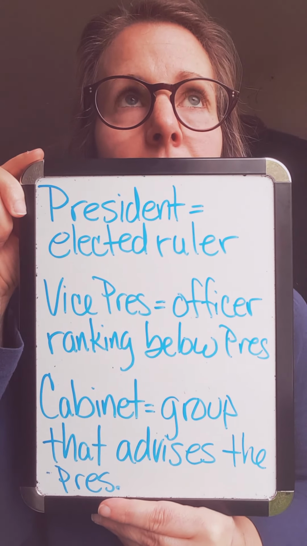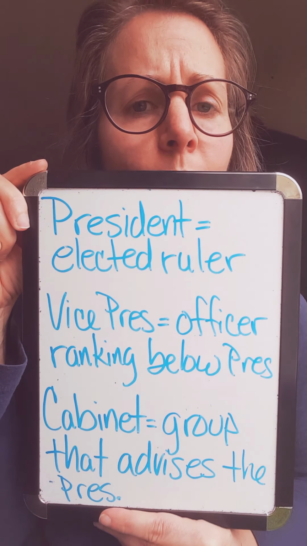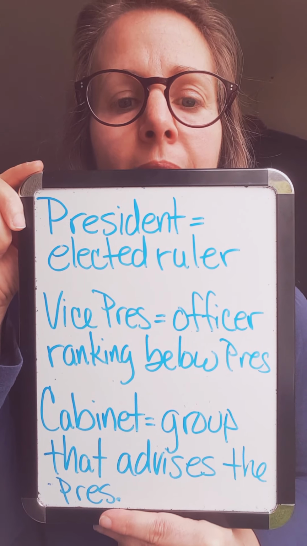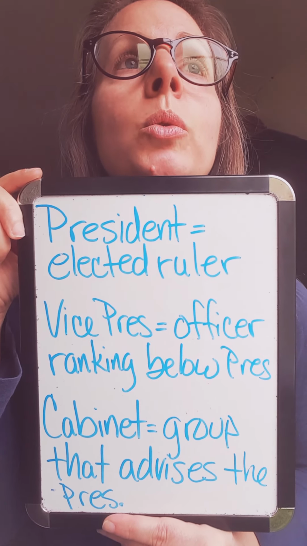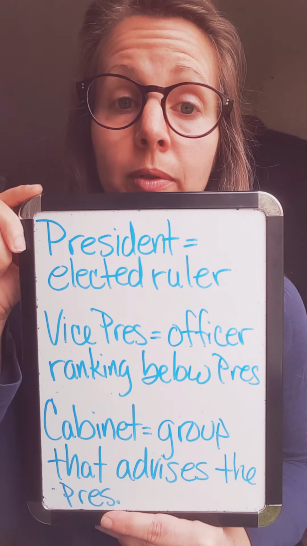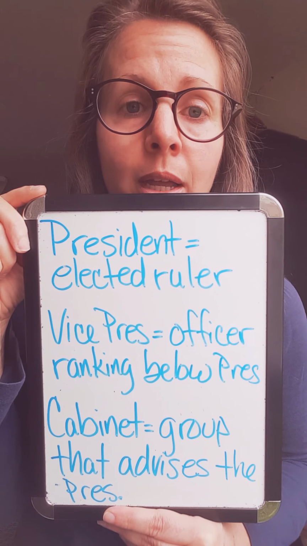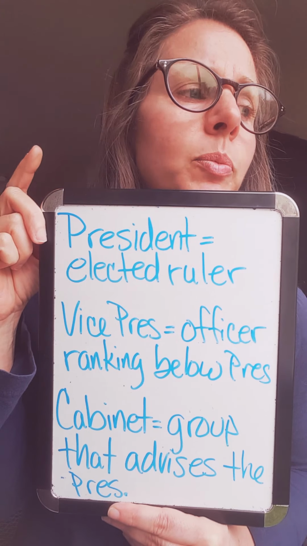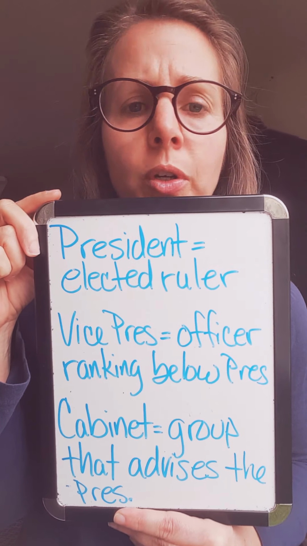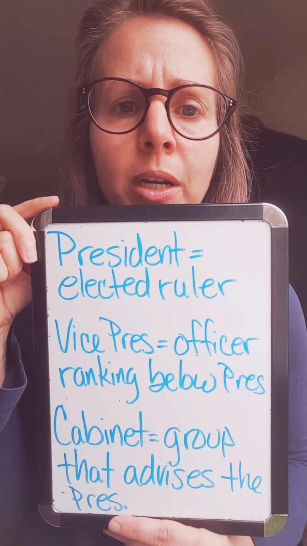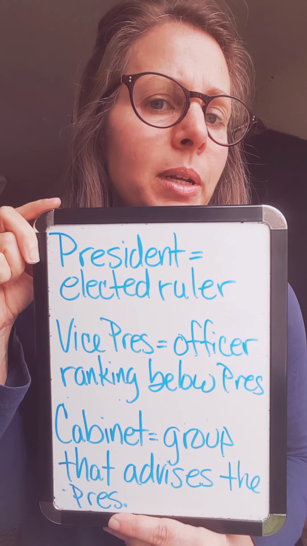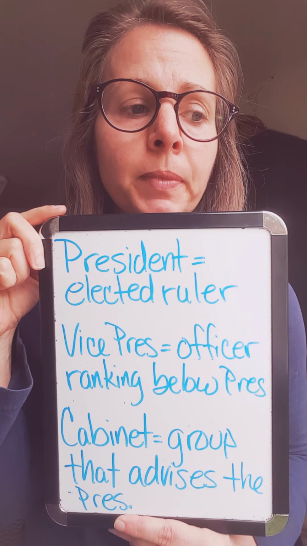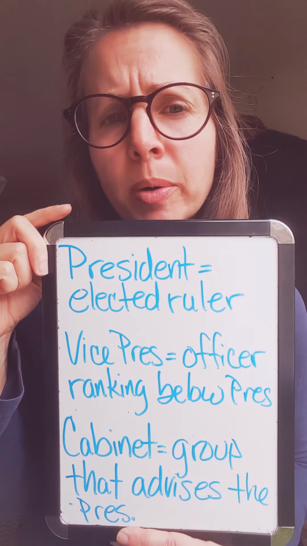And then the cabinet. The cabinet is a little less well known, but so important to the presidency. The cabinet is a group that advises the president. It's a group of experts that the president puts together, ranging from scientists to health experts to security experts, military experts, anything that the president might need to have expert data or need help figuring out a hard problem.